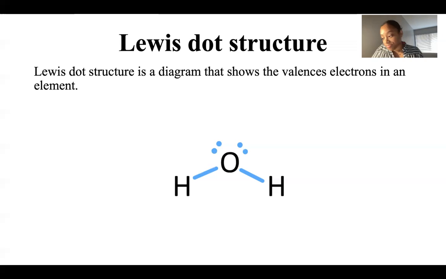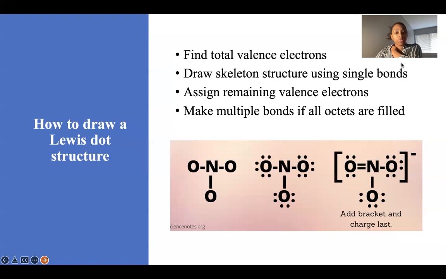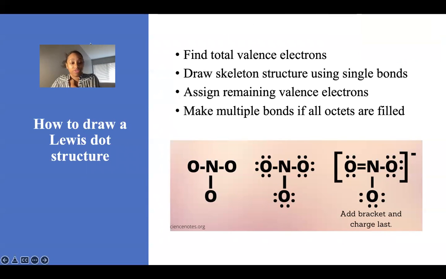If oxygen were to bond with hydrogen, the Lewis dot structure would look exactly like this. Okay, cool. So how do we find the Lewis dot structure of an element?